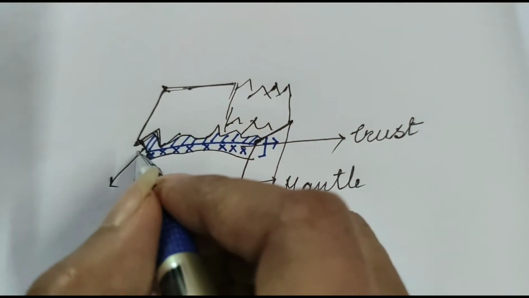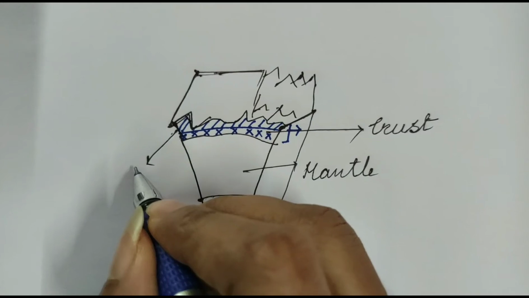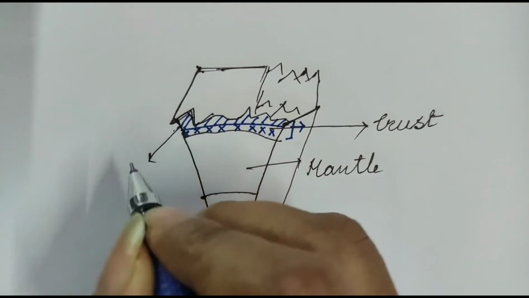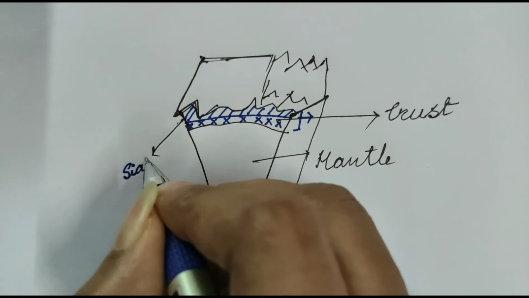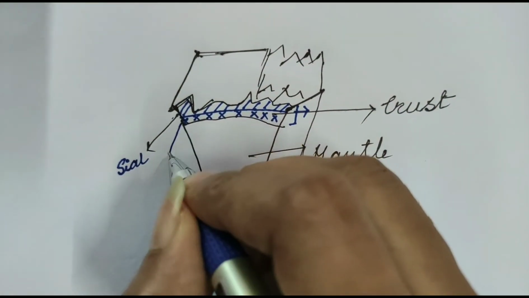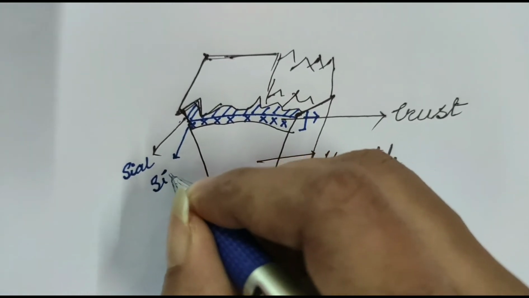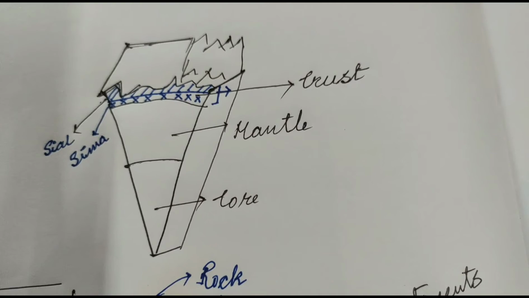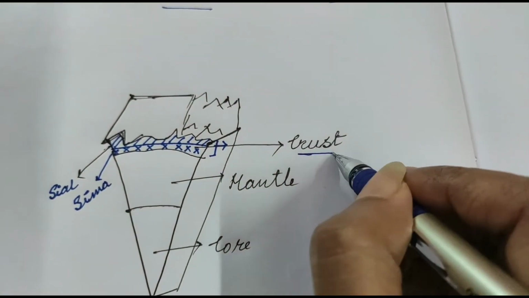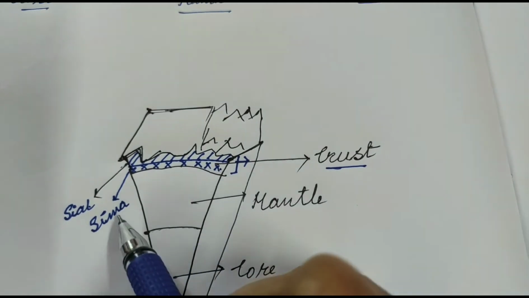So these are the two parts. The first part is the upper part, that is Sial, and the lower part is Sima. So first we read the crust. The upper part of the crust is Sial, lower part of the crust is Sima.